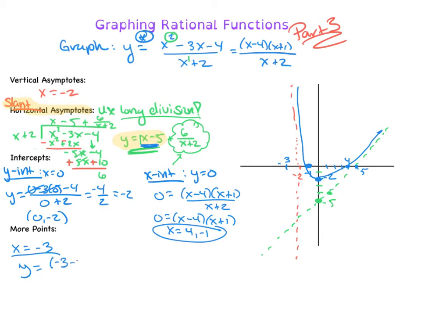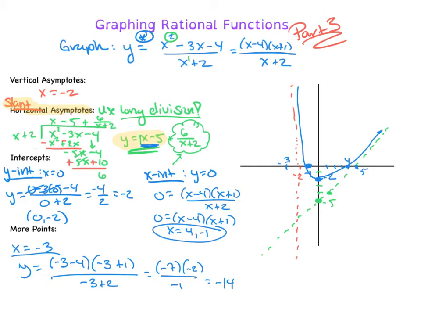So negative 3 minus 4 times negative 3 plus 1 over negative 3 plus 2 gives us negative 7 times negative 2 over negative 1, which is a negative 14.